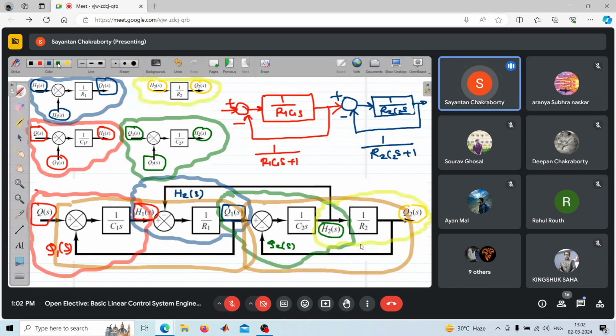But the problem is due to the presence of this, দেখো এটাই হচ্ছে যেটা দুটো লুপকে মাঝখান থেকে জুড়ে দিচ্ছে। এই পাঁচটা, so this is the interacting part via the feedback H2.